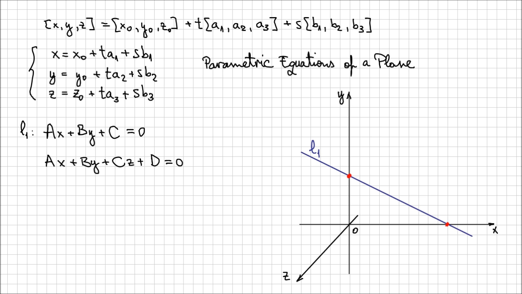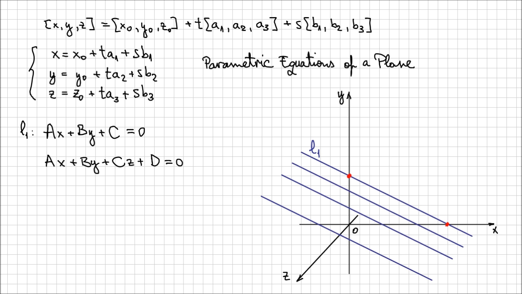But if I take any other value, if I take increasing values for z, I'm going to determine a new line that's going to be parallel to L1 along the z-axis, and for any new value that you give to z, you're going to create a new line, as I sketch here, parallel to L1 and going along the z-axis.